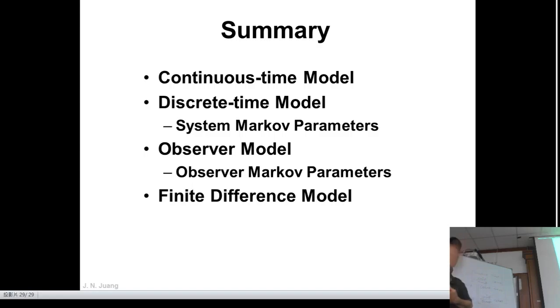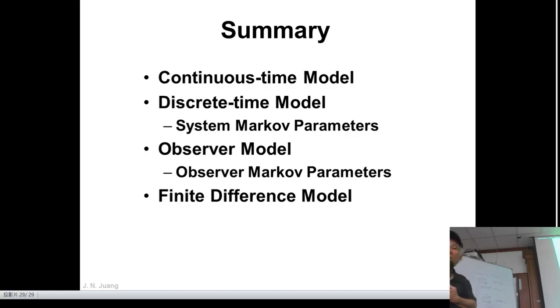In other words, the input at each sample interval is constant. Assume that's true, then your discrete time model is exact. Now, from that discrete model, we have the observer model. Then we introduced the discrete time observer model. We did not talk about the continuous time observer model.